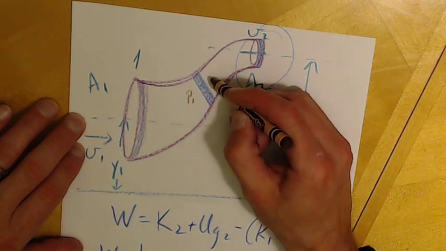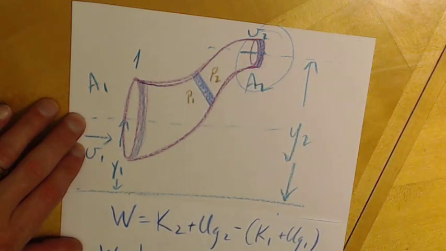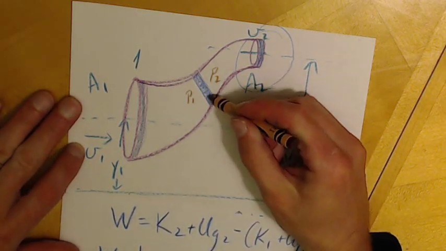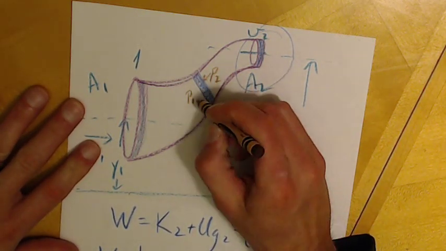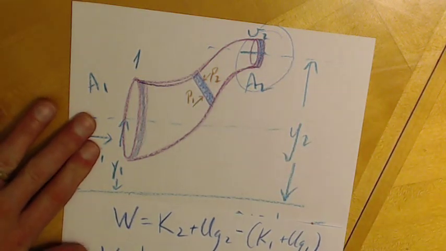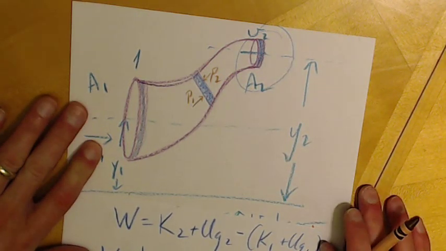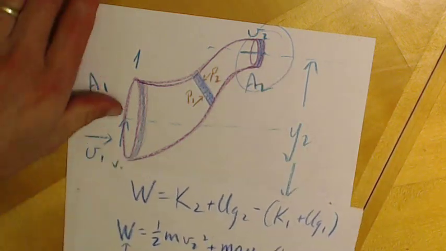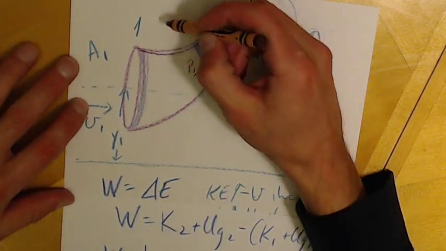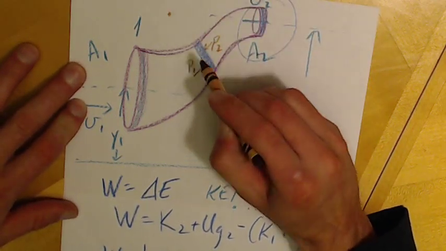Pressure 1 is on this side, pressure 2 is on that side. We're generalizing here. Pressure 2 is pushing back that way, and pressure 1 is pushing up that way. I think I need to look at a free body diagram of these forces. So the free body diagram looks like this.